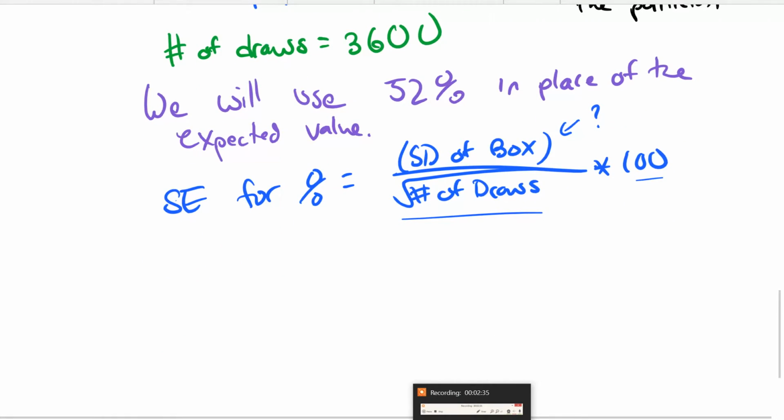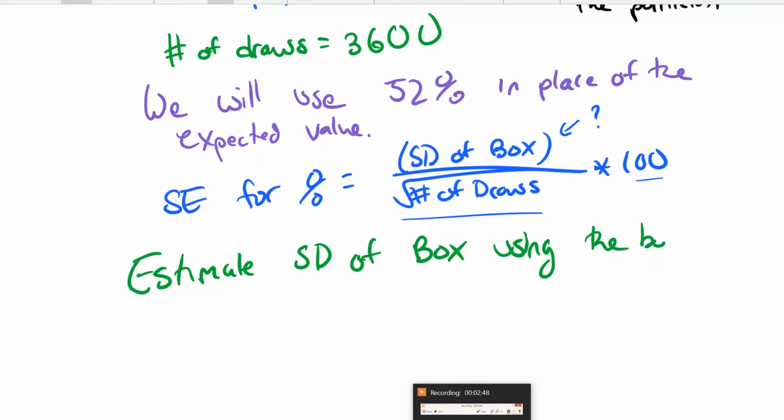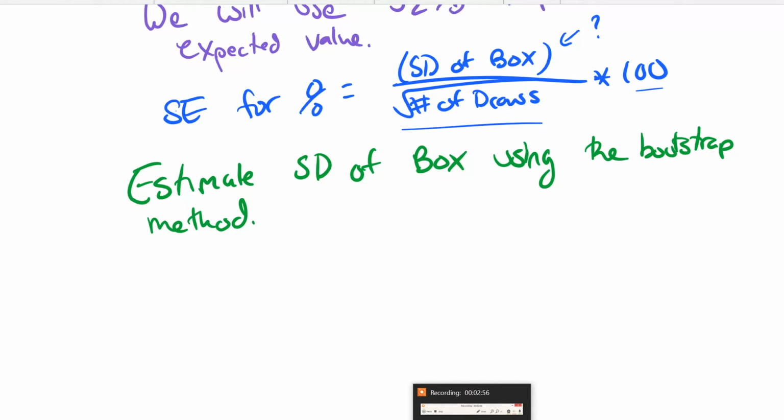So instead, we will estimate the SD of the box using the bootstrap method, which means instead of figuring out the 1s and 0s in the box, because we can't do that, we don't know how many there are, we'll use the 1s and 0s in the sample.